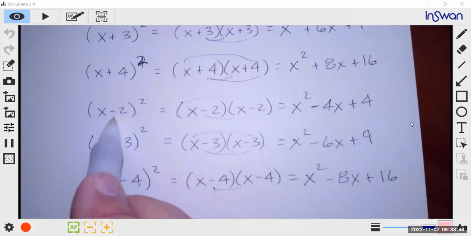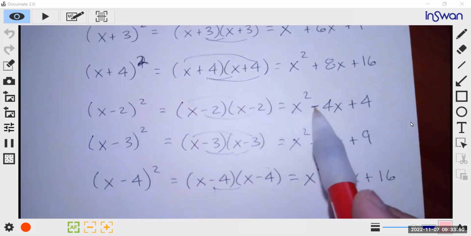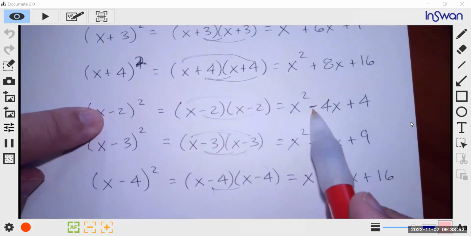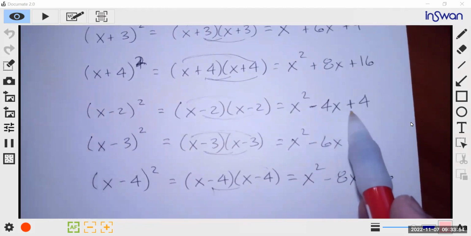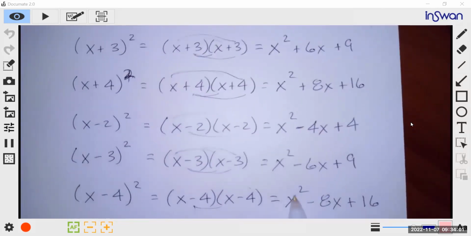If you have a minus inside there and you square it, the first sign will always be what's inside the parentheses. The second sign is always going to be a positive.